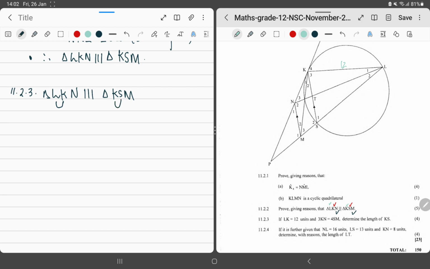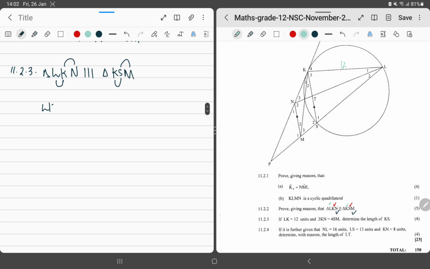LK goes with KS, and then KN goes with SM. So we'll say LK over KS is equal to KN over SM. And then I'm going to use the first and the last letter, which is equal to LN over KM.